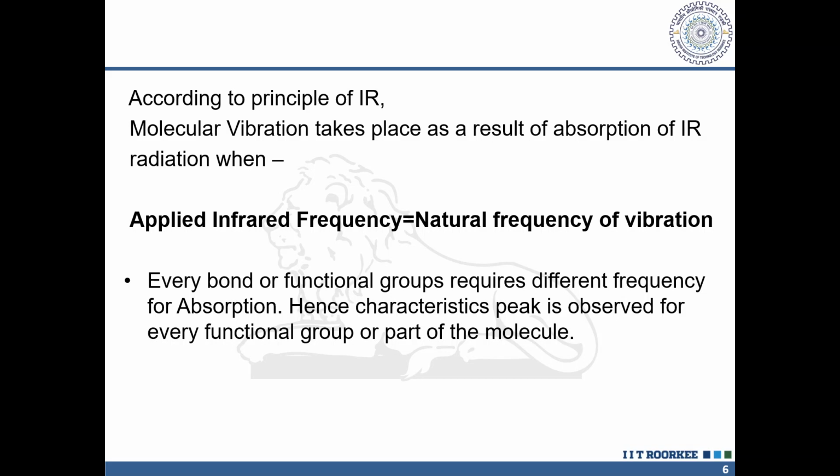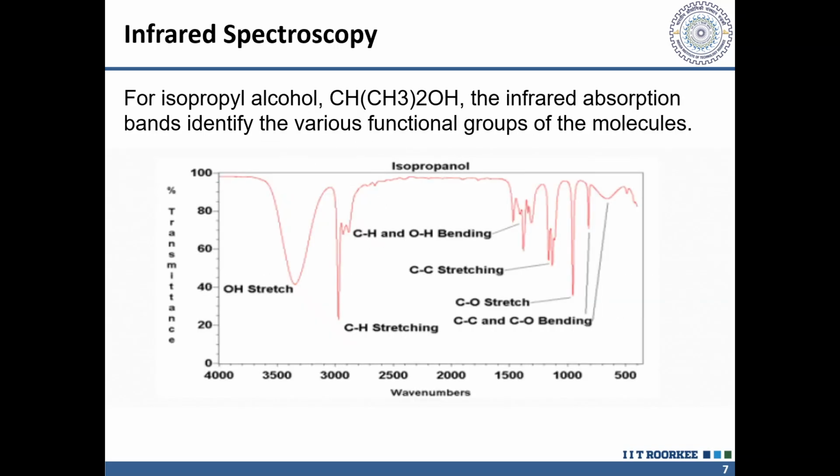Also, there are some stretching frequencies. Every molecule will be stretched, or there may be some angular motion, so that there may be generation of new frequencies. That way, there are so many vibrations, which can be explained in a minute. For example, if you see the infrared spectroscopy of isopropyl alcohol, (CH3)2CHOH, the infrared absorption bands identify the various functional groups of the molecule.